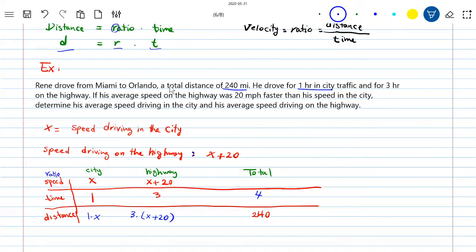And distance in total, since you do not have the overall speed, which you cannot multiply, you're already given the total distance. The total distance is given, 240. So you've provided this information already. You don't really need to multiply anything on the right hand side.